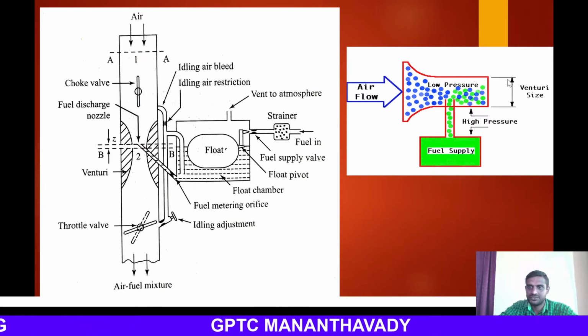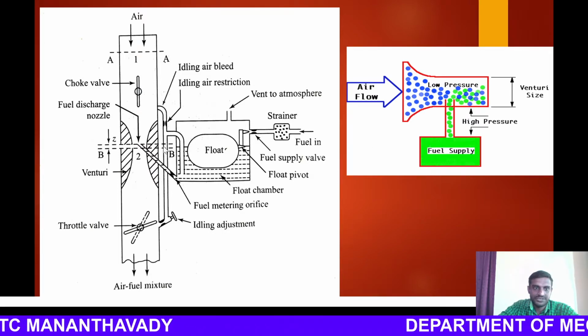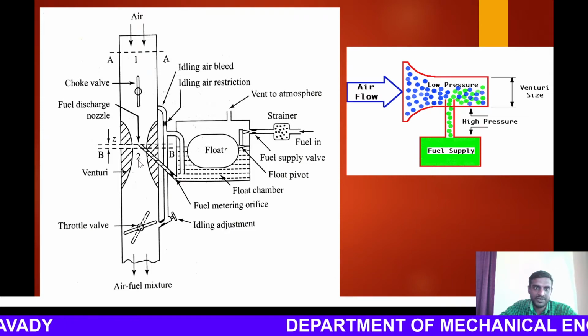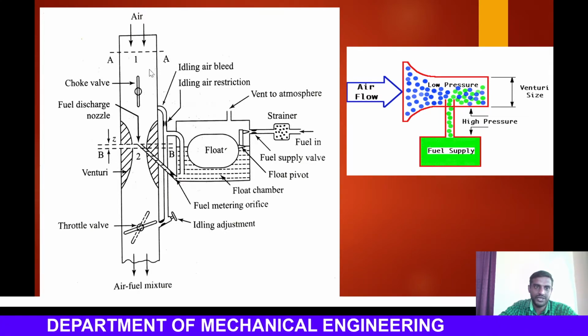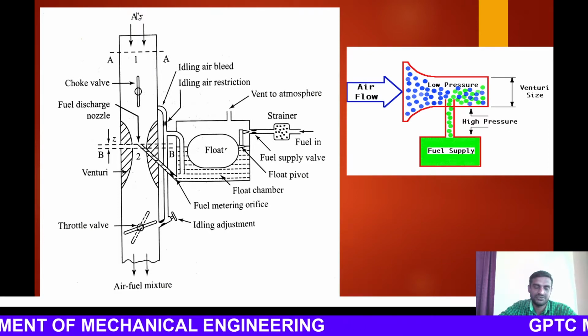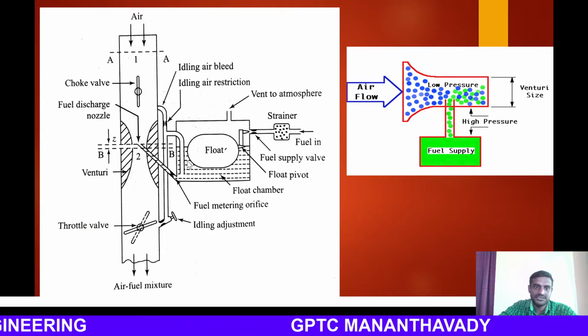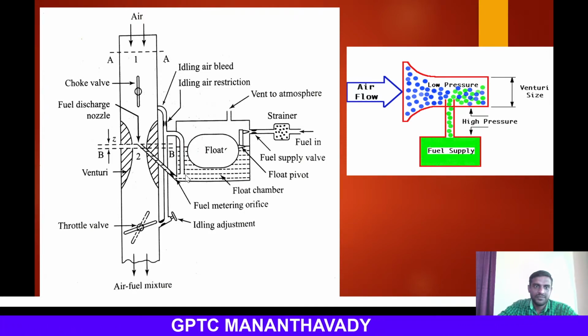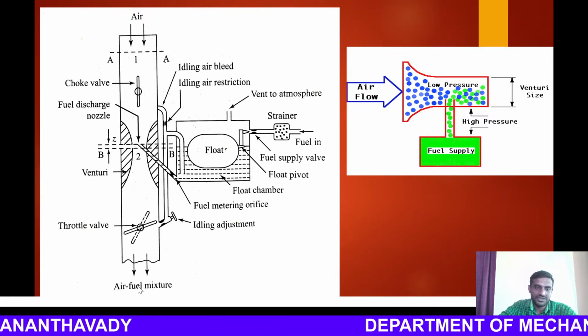This is the venturi, section BB, marked as section 2. Air enters at the top of the region, fuel from the fuel tank enters through the orifice, and the air-fuel mixture comes out through this region.